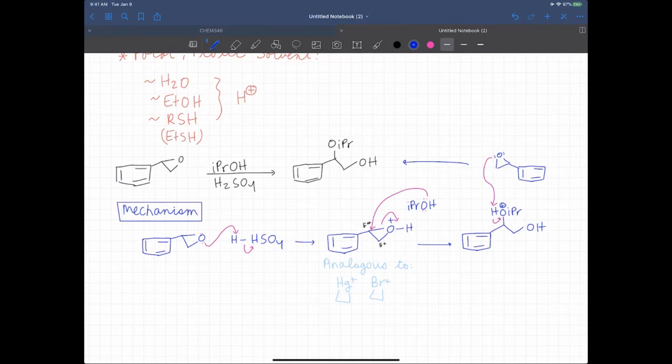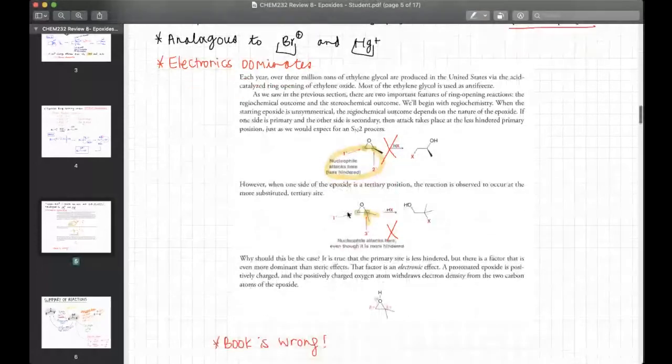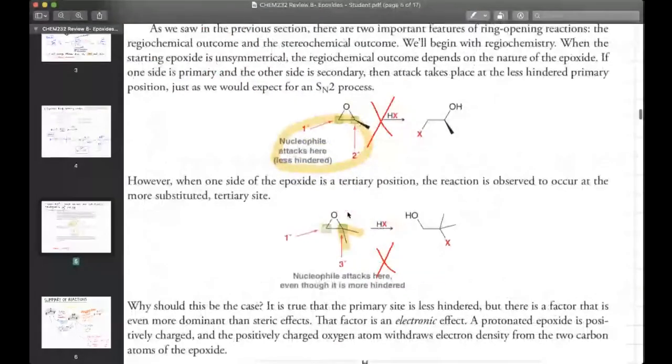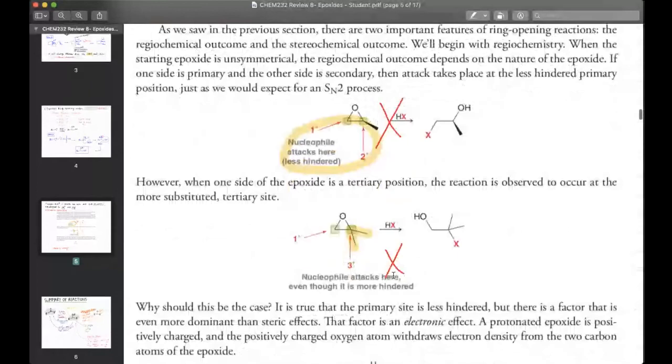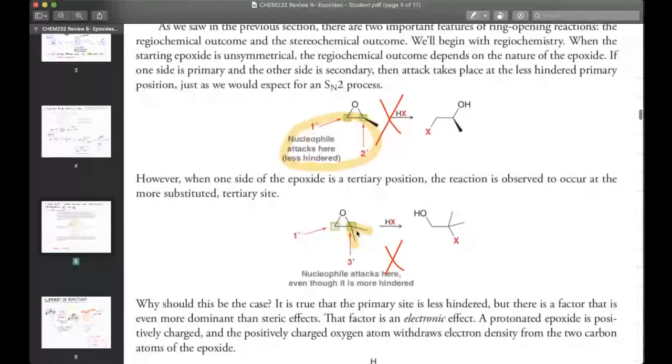Okay, let me see. Okay, I just want to draw your attention real quick to the textbook, if you guys are textbook users. Here is what the textbook says. Okay, the textbook says that only under primary and secondary substituted epoxide conditions would it be the least substituted site, and only in tertiary would it be the more substituted.